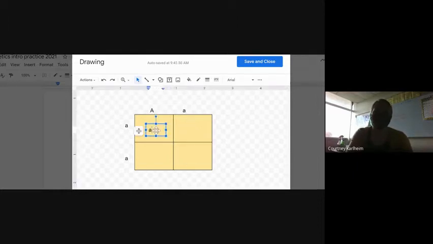Kind of like a Sudoku, but not really. You don't have to do any math or counting. So I just brought this capital A down to both boxes and the little a down to both boxes underneath.